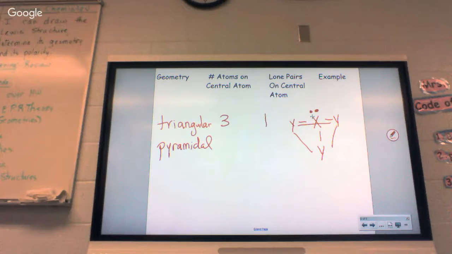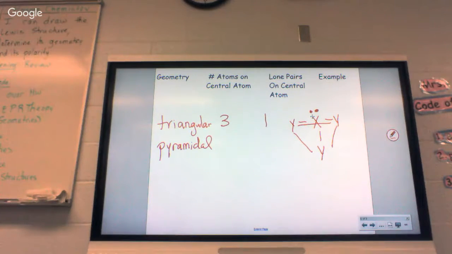You better learn that. The good part for you is each question, each Lewis structure, each geometry, each polarity is a separate question.